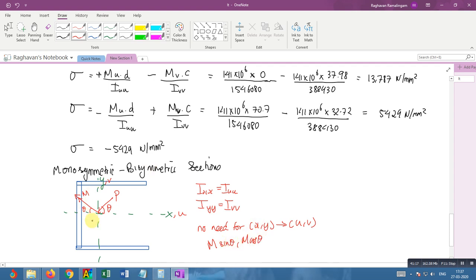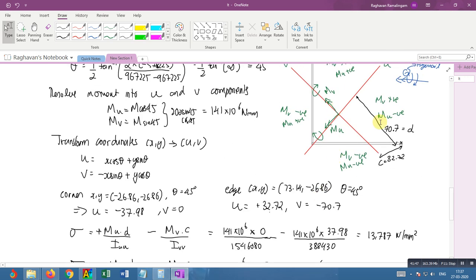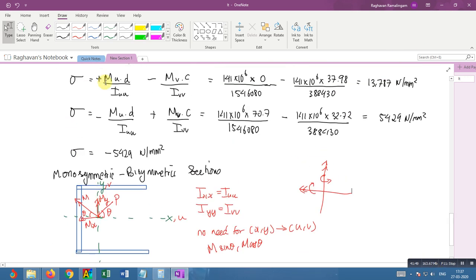Basically you just need the component along this direction and the component along this direction, and then you can just mark out and find out which moments cause positive or negative stresses in each of these four quadrants, as you did over here, and you can just assign the signs when you're adding up the stresses.